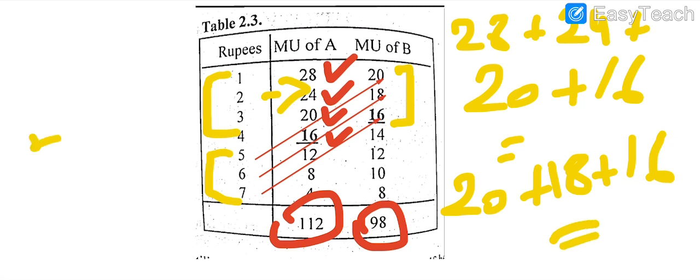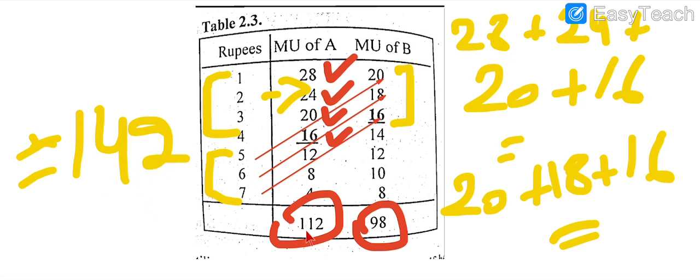You will obtain total marginal utility 142, and this 142 is greater than 112 and 98. If you change the pattern, for example, you spend the first 3 units on A and 4 units on B, in this way total utility will be 140, that is also less than 142.